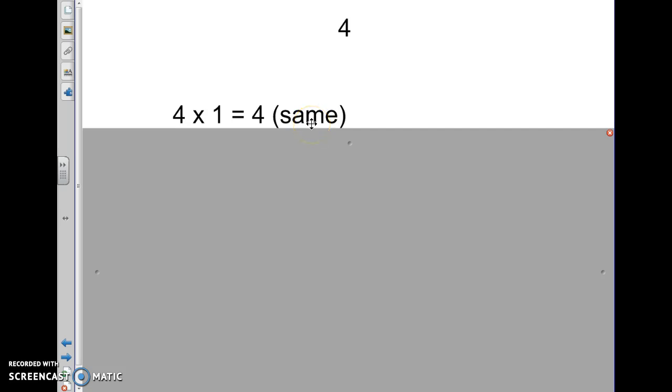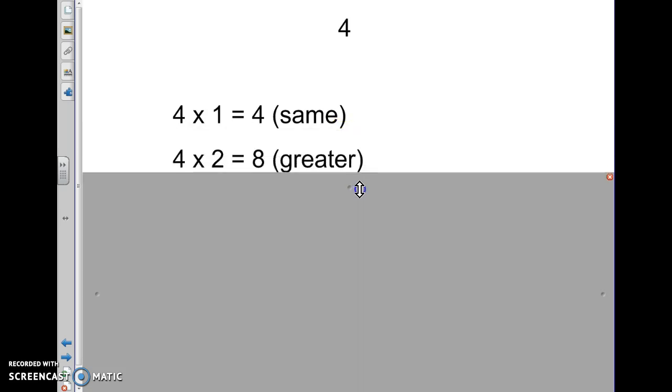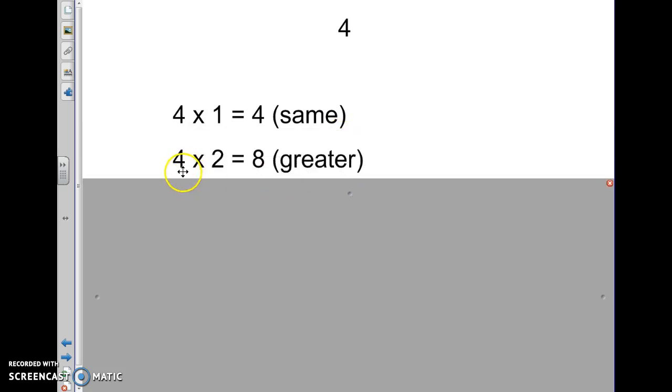Anytime that we multiply a number by 1, the value of that given number does not change. However, if we multiply the given number by a factor greater than 1, such as 2, 4 times 2 will give us 8, which is greater than the given number.